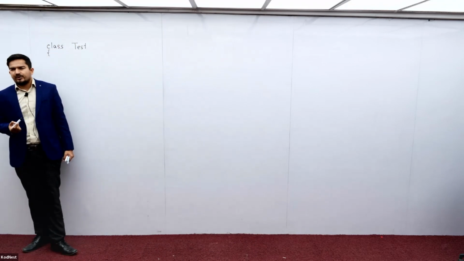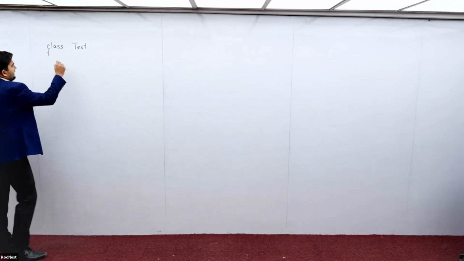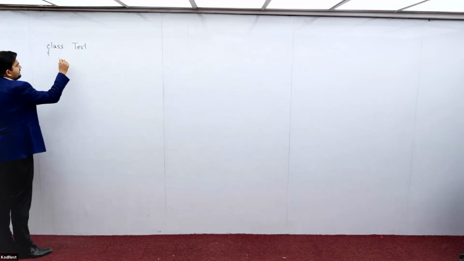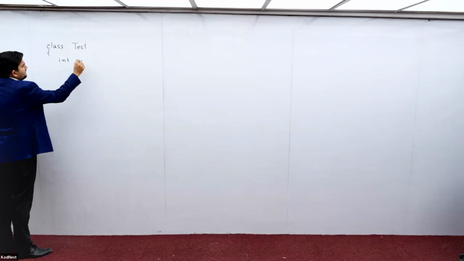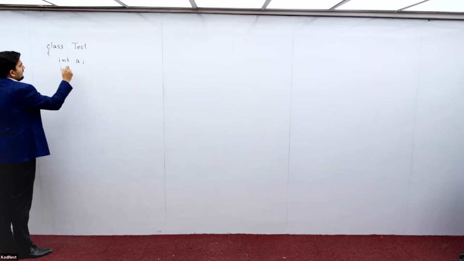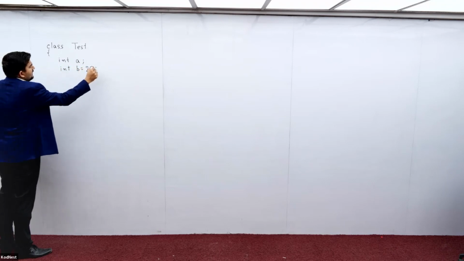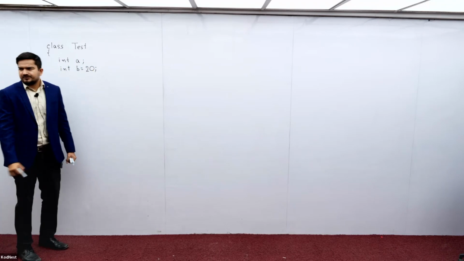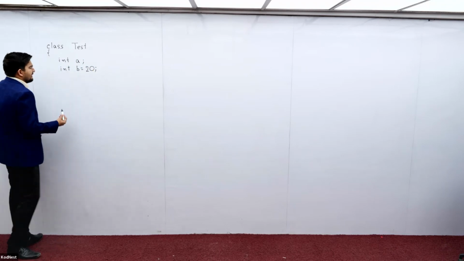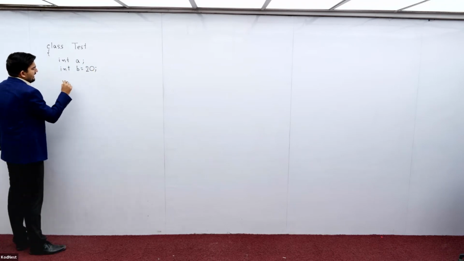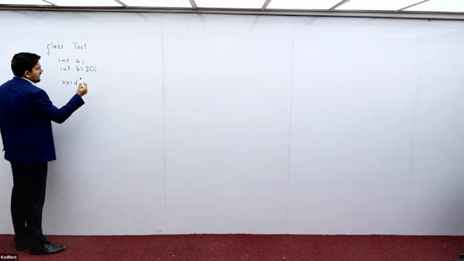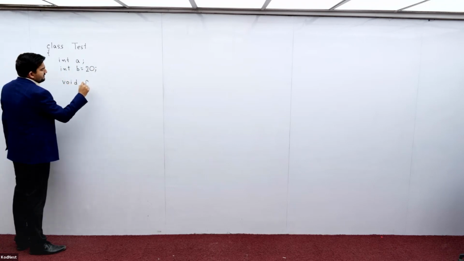Inside this class, I'm going to declare a couple of variables. Maybe I will declare a variable like this, int a. I am also going to say int b is equal to 20. I am also going to declare a method, maybe void fun.